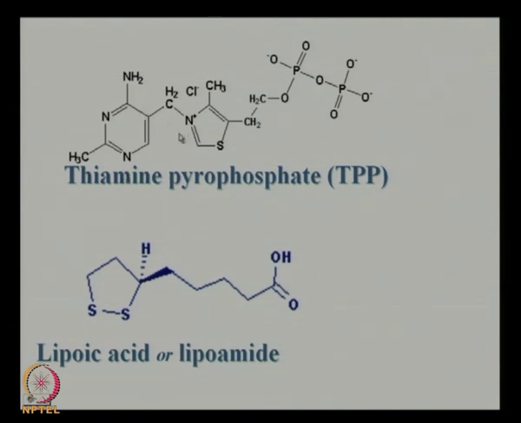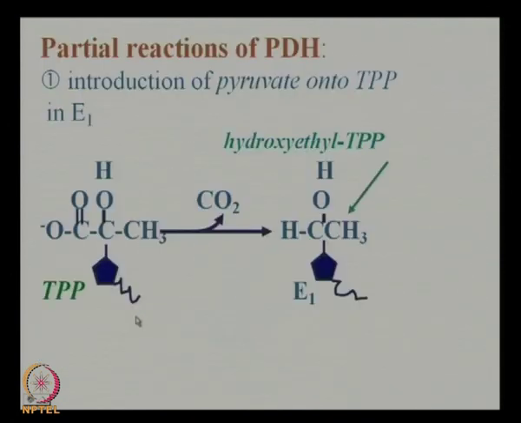This is the structure of TPP. This is the structure of lipoic acid. Here there are sulfur bonds, and coming to this first reaction, pyruvate dehydrogenase, the introduction of pyruvate onto TPP with the enzyme E1 is very significant.